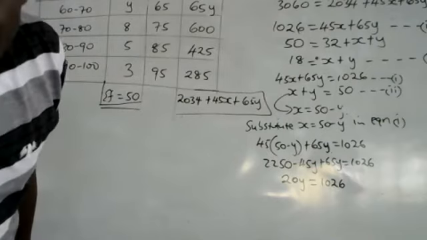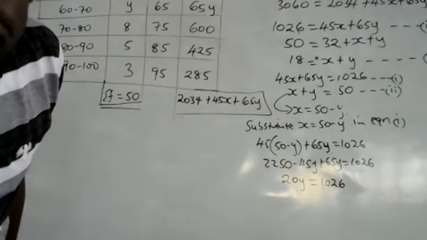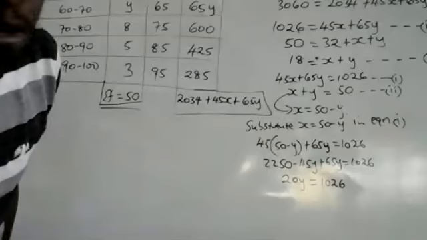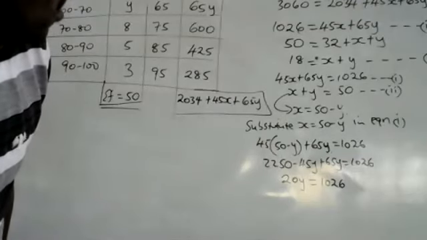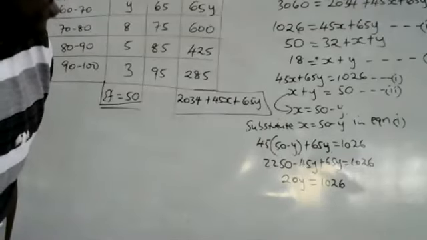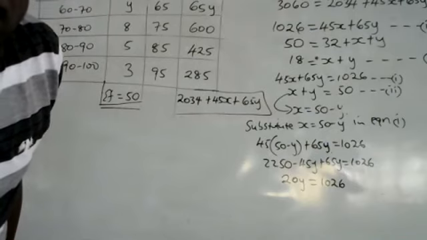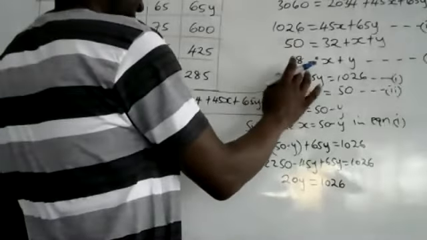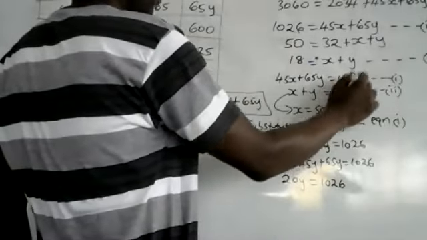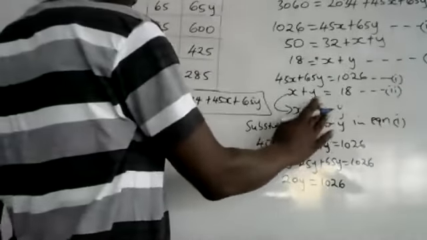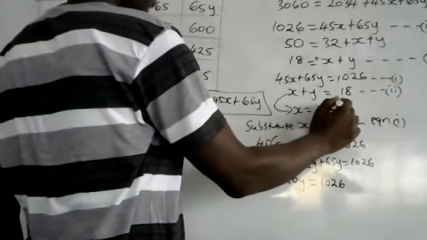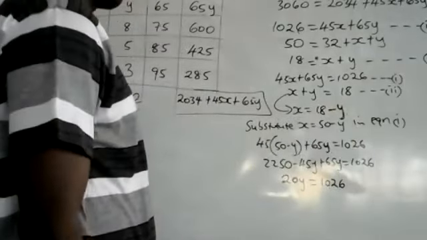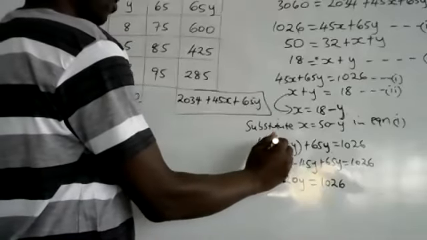Somebody is saying something is not okay. Equation 2. Oh, it's 18, not 50. I have seen it. Actually, this one was equal to 18. Thank you for that.